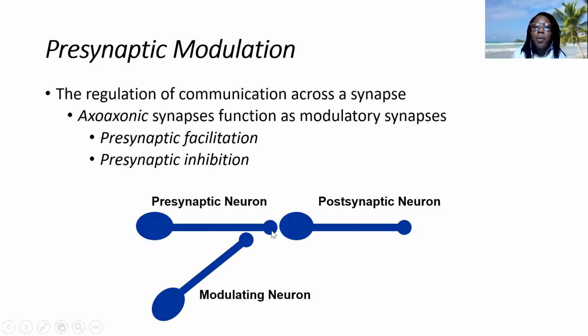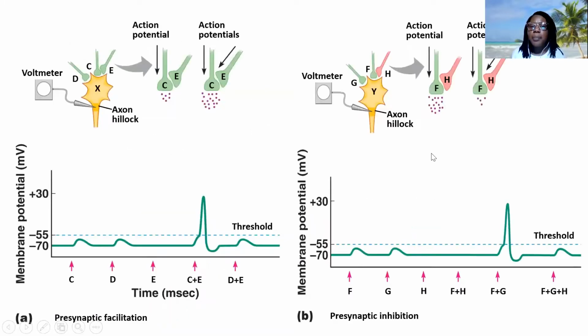And this is an example of where we see that axoaxonic type of synapse at the presynaptic neuron, and this is influencing presynaptic modulation.